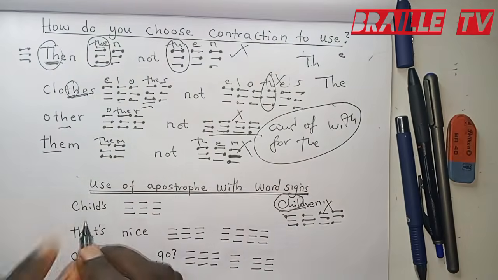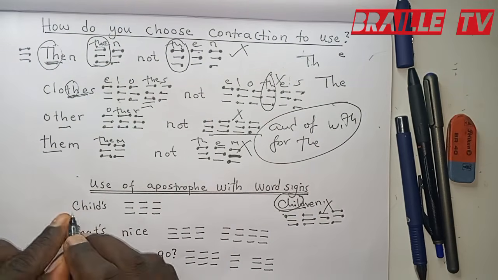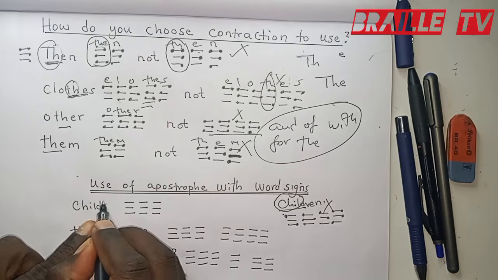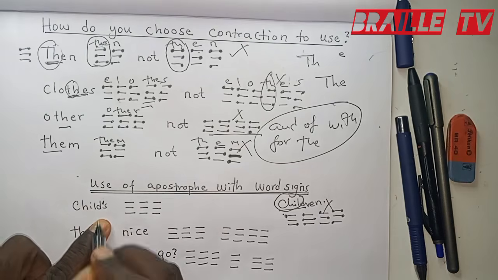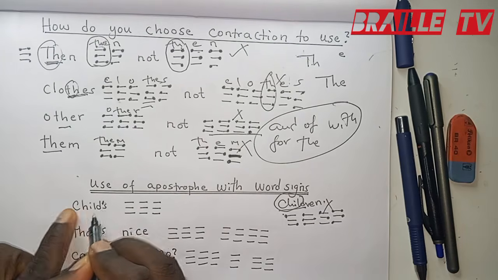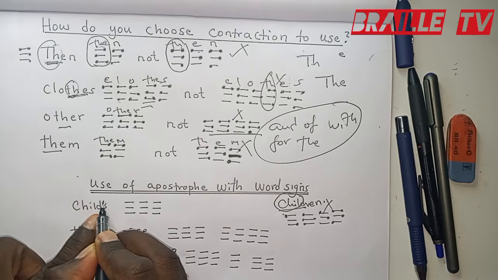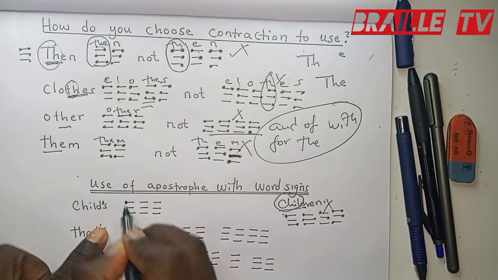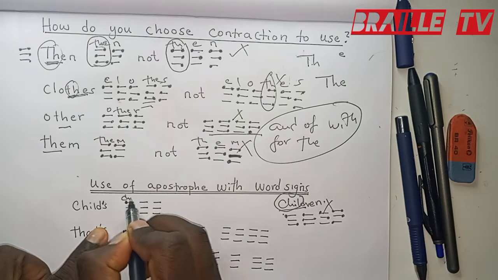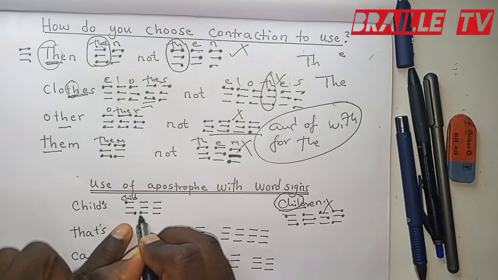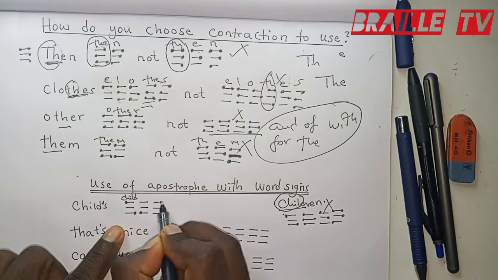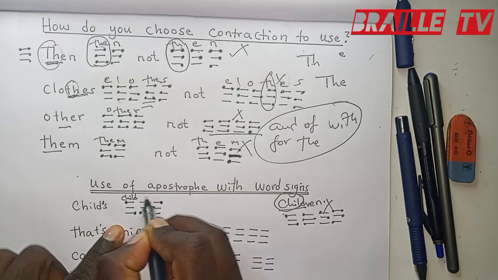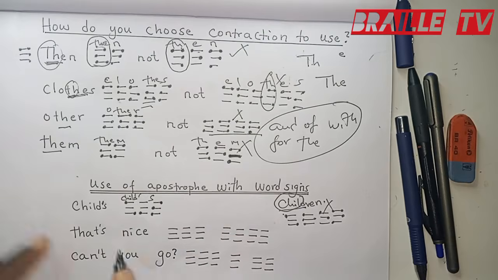So in this case, "child's" has a punctuation, which is an apostrophe. So we are going to contract because it is adjoined to this apostrophe but not to S. Here we contract CH to mean "child", and then we put dot 3 to denote this apostrophe, and then S. So this is the word "child's". Okay, it's very correct. That's nice.